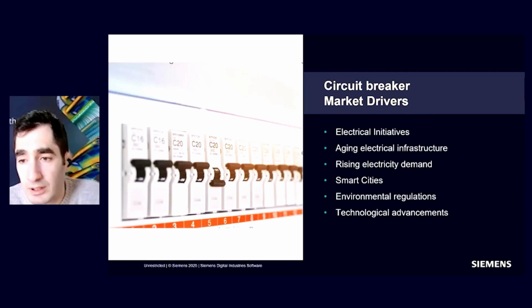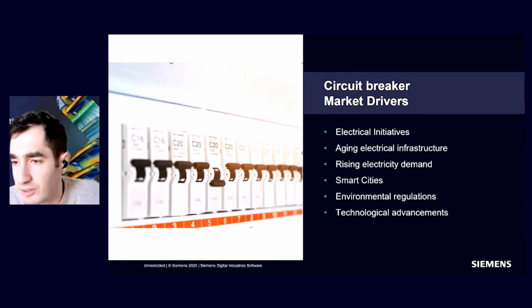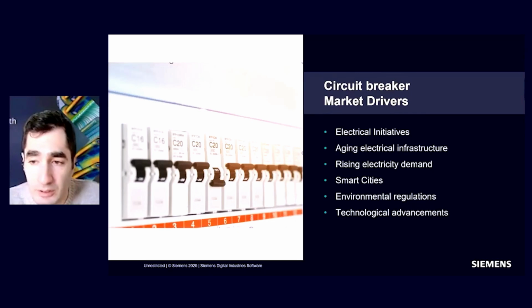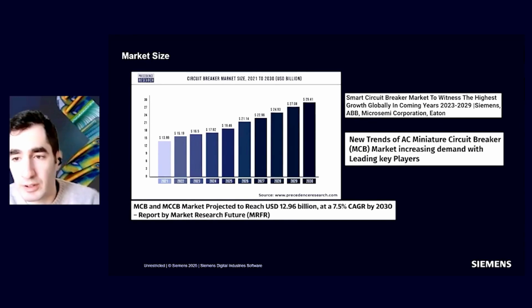And then the last one, technological advancements. Innovations in circuit breaker technology, such as smart circuit breakers and electronic trip circuit breakers, are contributing to market growth. These drivers are estimated to create a market size of around 30 billion by 2030, and this represents a strong compound annual growth rate, reflecting increasing demand across various sectors.